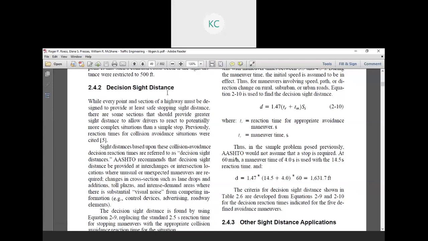So the decision sight distance, or a particularly long stopping sight distance, is required at the intersection, as well as in locations where there is a high vehicular demand.